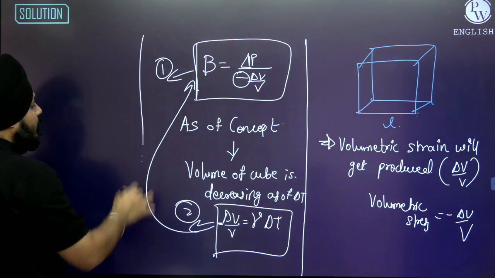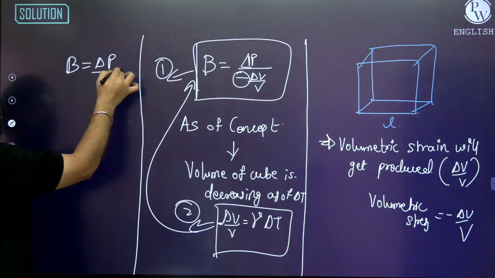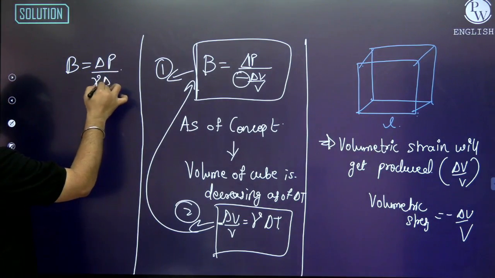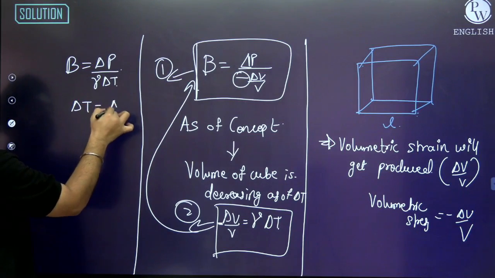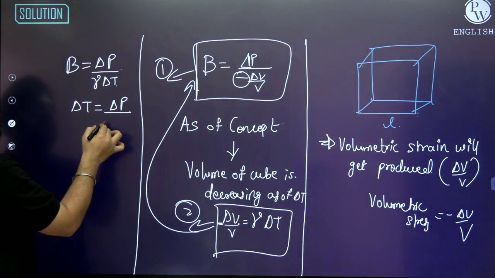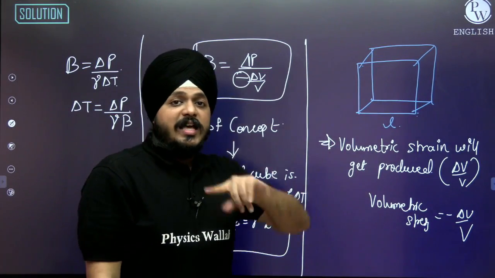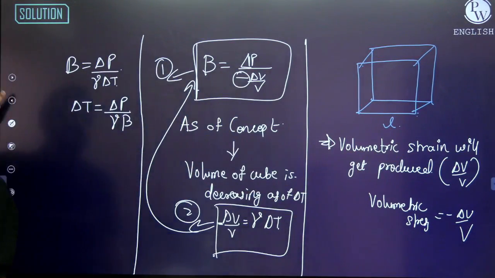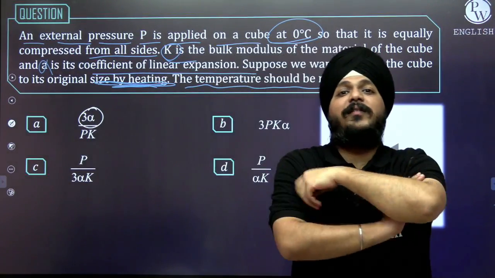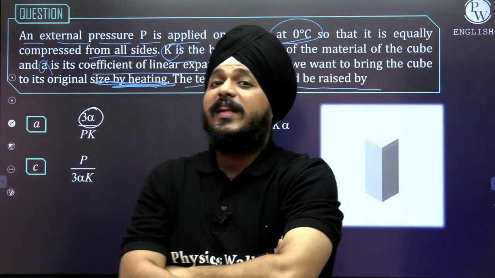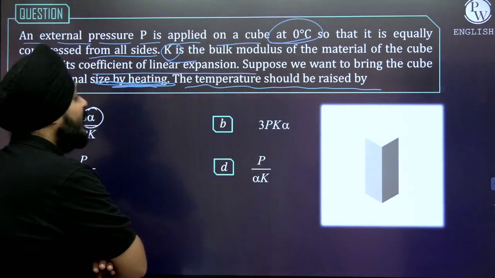Now replace 2 in 1. You will get the bulk modulus equal to delta P divided by gamma delta T. So delta T equals delta P divided by K gamma. But we need the answer in terms of alpha, and here we have the coefficient of volume expansion.